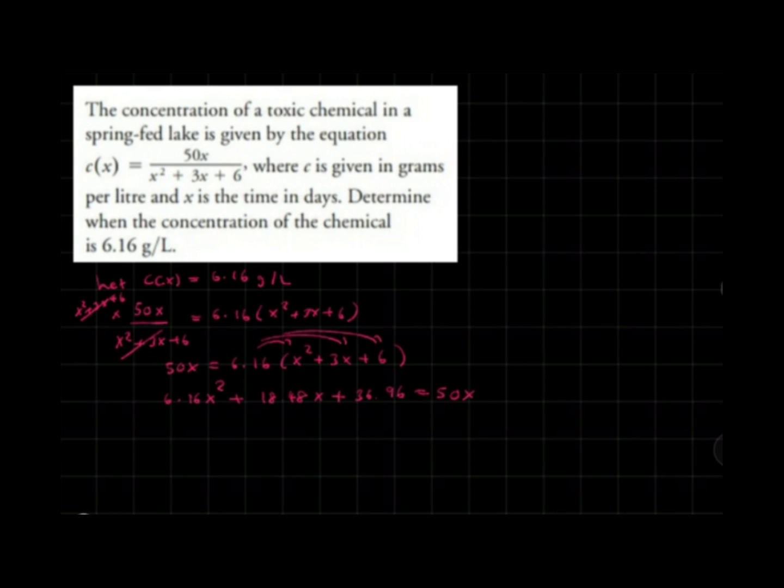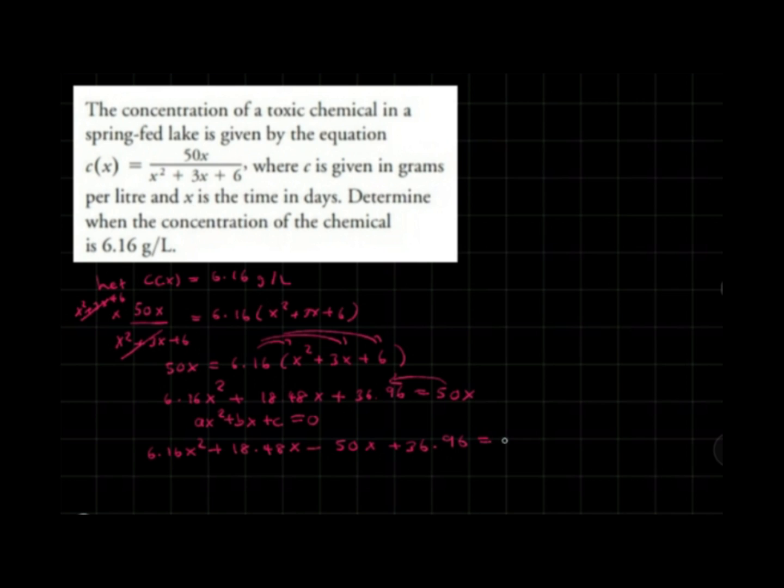And now I want to solve this quadratic equation, because it has an x squared. It's in the form of ax squared plus bx plus c, and I want to set this equal to 0 to solve it. So I'm going to move the 50 to the other side. You get 6.16x squared plus 18.48x minus 50x plus 36.96.